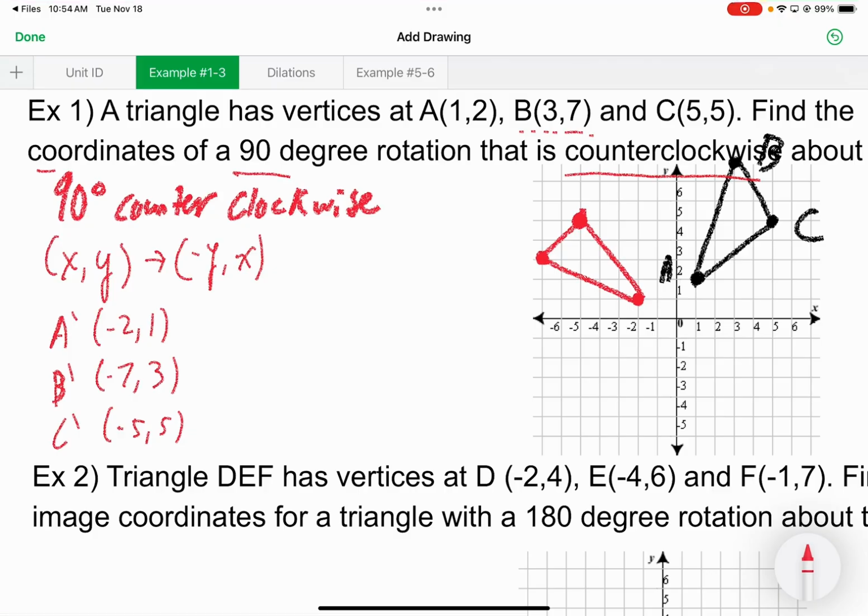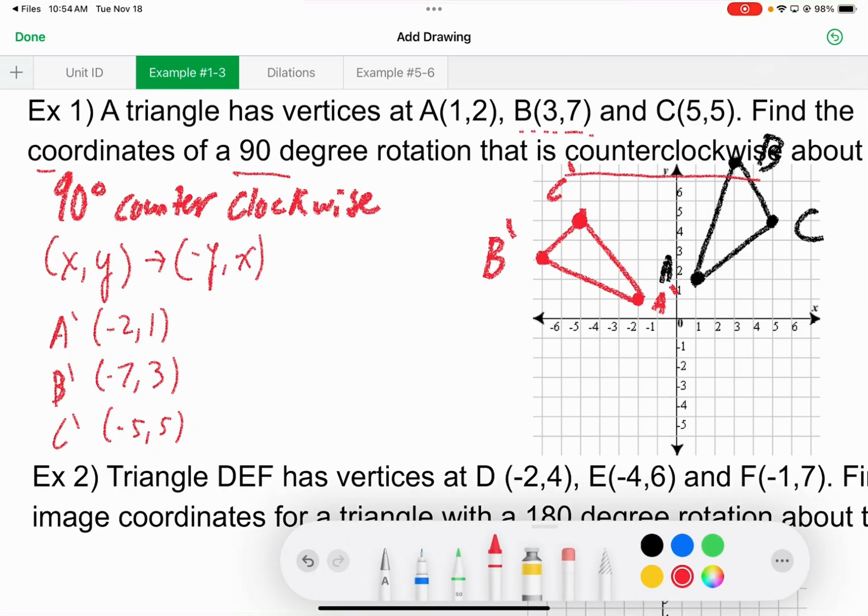Does my red triangle look like my black triangle rotated 90 degrees about the origin? So A was negative 2, 1. This is A prime. B prime was negative 7, 3. B prime. And then C prime is up here.